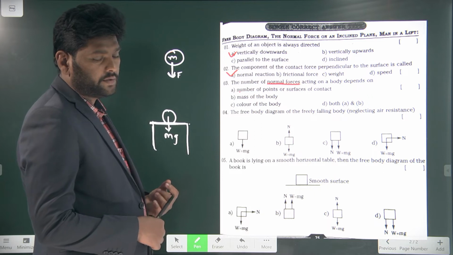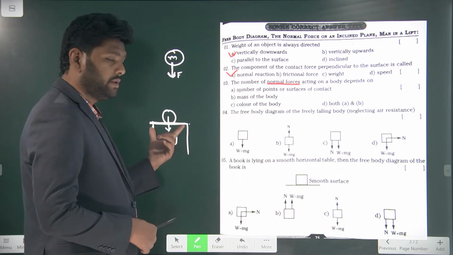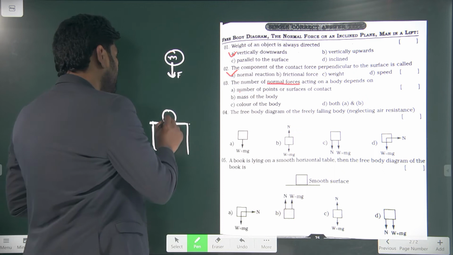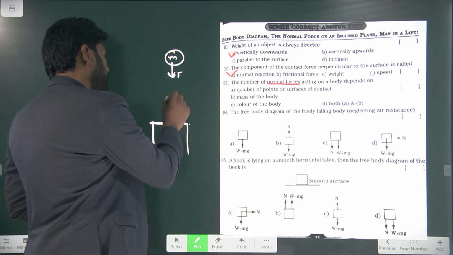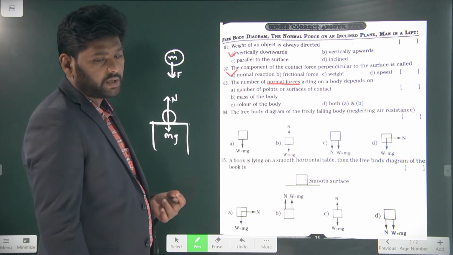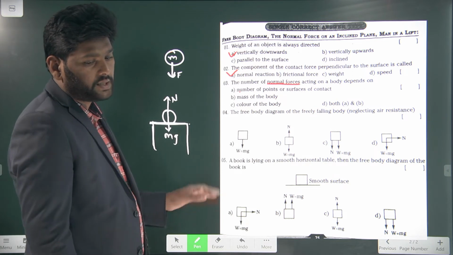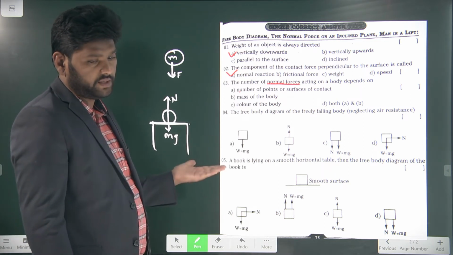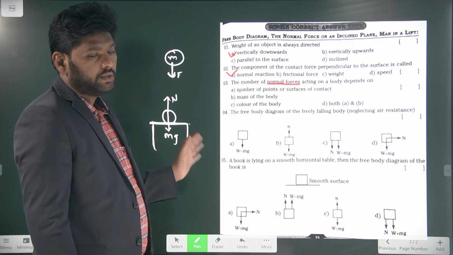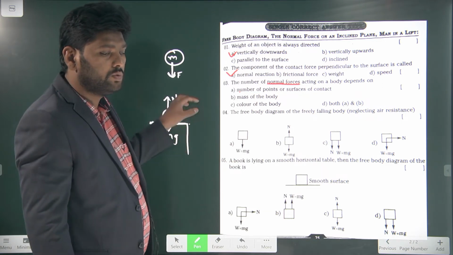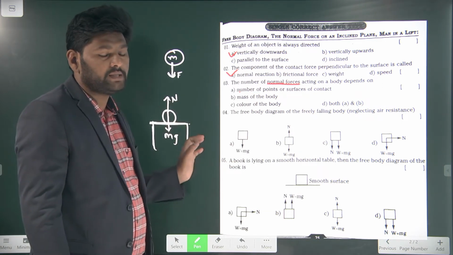Because of the force applied by this surface, the body is not moving. That force is known as normal reaction. The normal reaction is applied by the surface, so it does not allow the body to move downward.